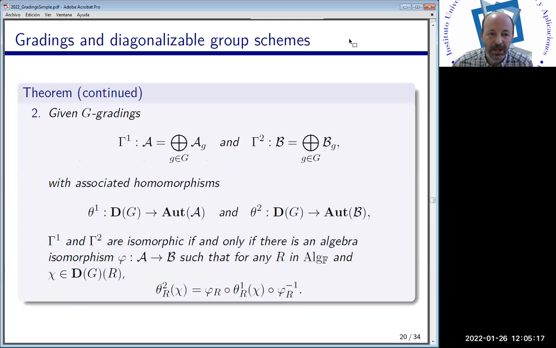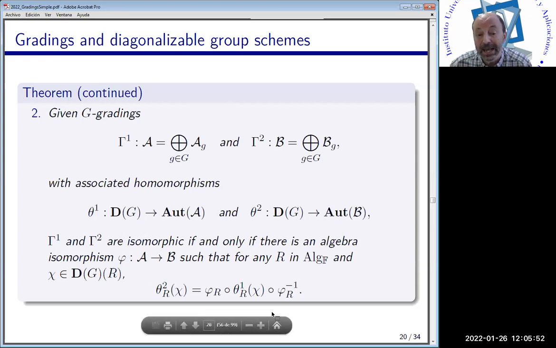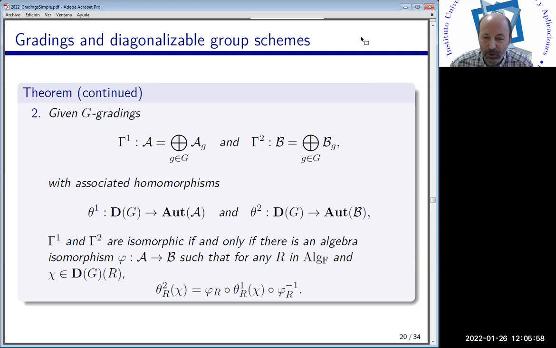Okay, so this is what happens moving to general fields, not just algebraically closed fields of characteristic zero. And then if we have two gradings by the same group G on different algebras, with the corresponding associated homomorphisms, the two gradings are isomorphic, and remember that isomorphic means that the homogeneous component of degree g is mapped to the homogeneous component of degree g, if and only if the corresponding homomorphisms satisfy the natural property for any R in the category of unital commutative associative algebras.